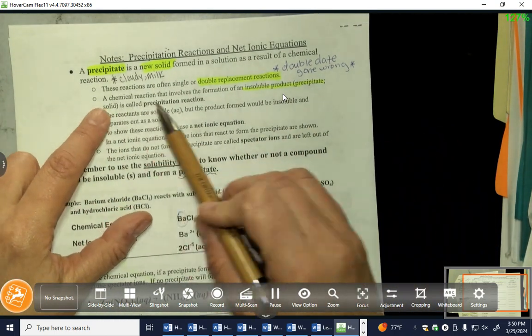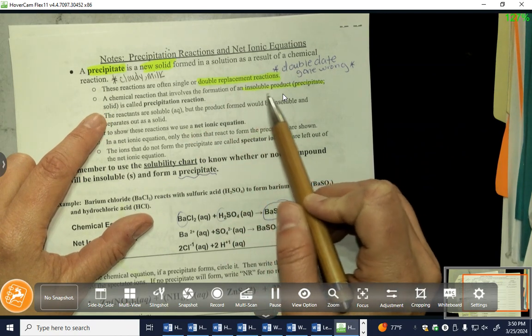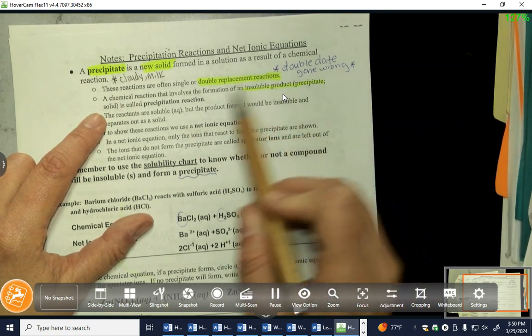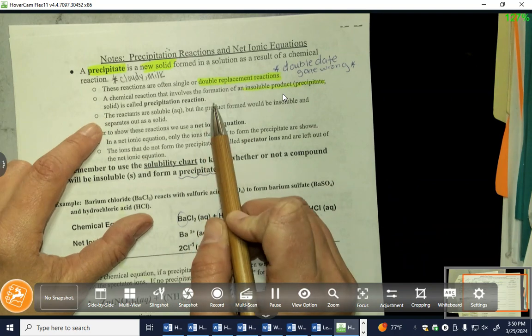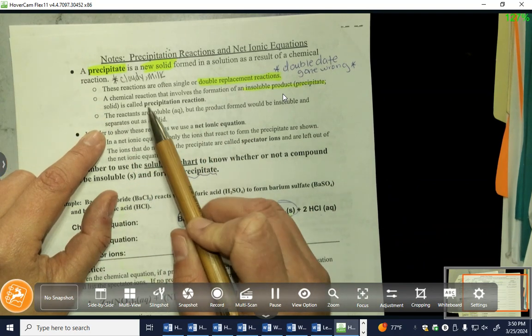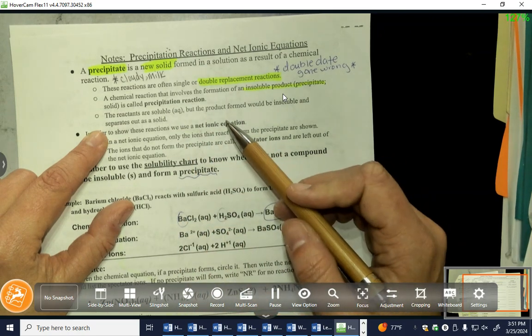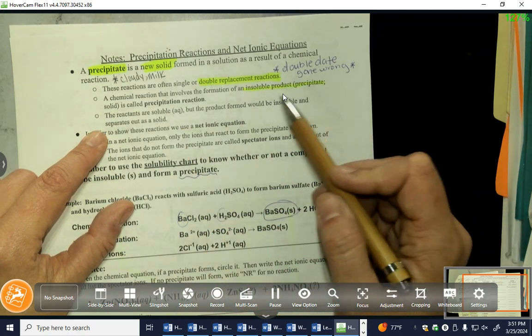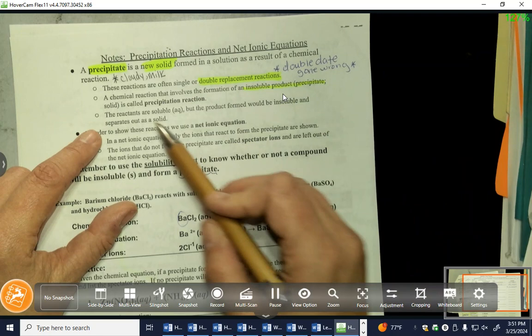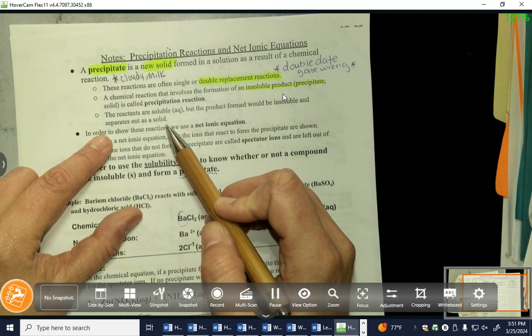A chemical reaction that involves the formation of this insoluble product is called a precipitation reaction. The reactants are going to be soluble or aqueous, but the product formed is going to be insoluble, hopefully, and separate out as a solid, okay?